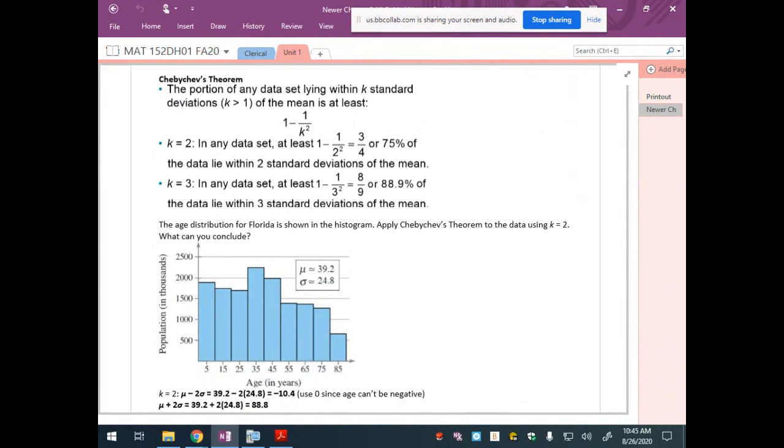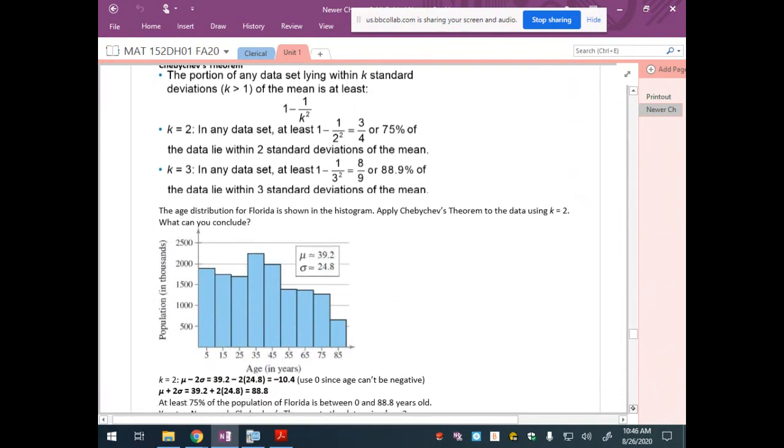Basically, the portion of any data set lying within k standard deviations of the mean is at least 1 minus 1 over k squared. So if k is equal to 2, at least 1 minus 1 over 2 squared, 3/4, or 75% of the data lie within 2 standard deviations of the mean. For 3 standard deviations, it would be 88.9%.